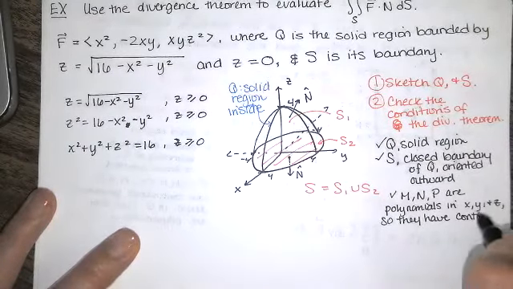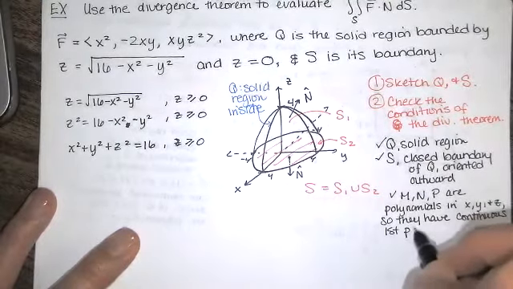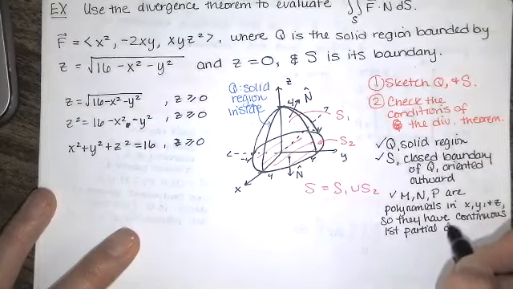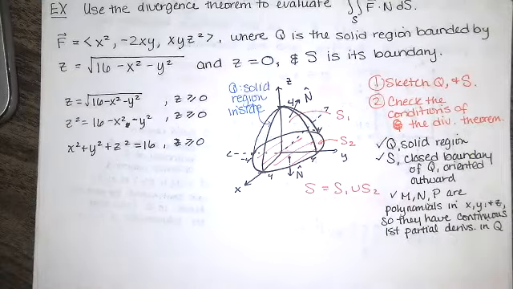So they certainly have continuous first partial derivatives in Q. Okay, so the conditions hold.